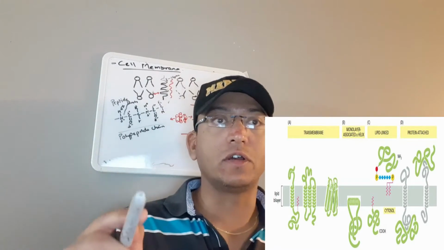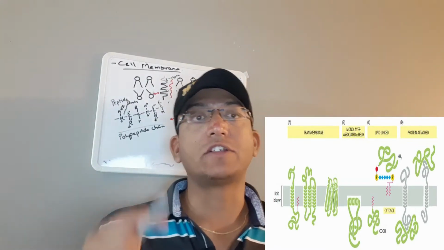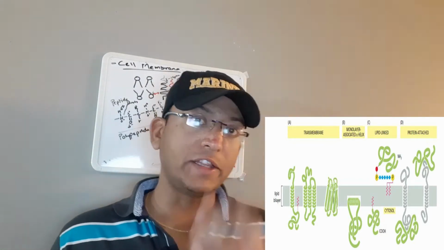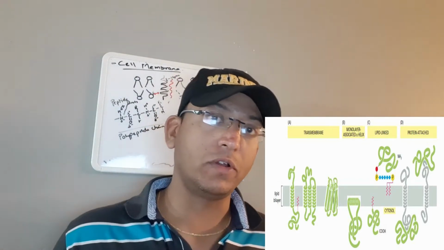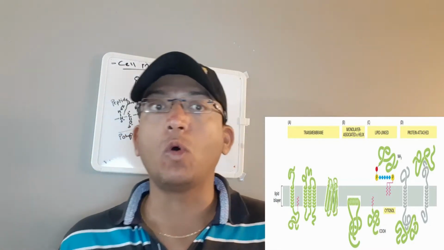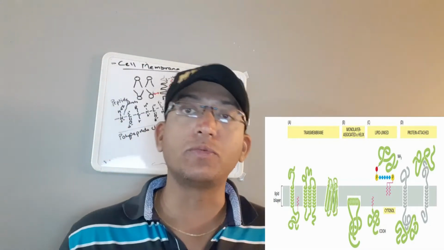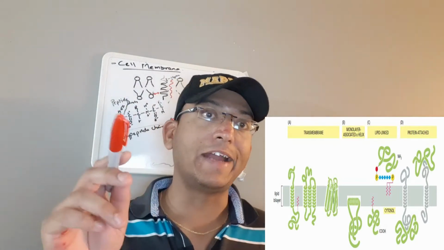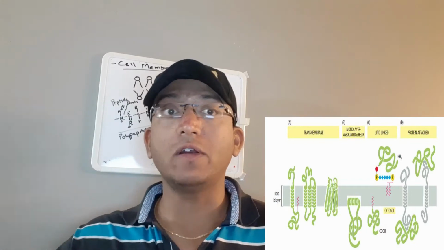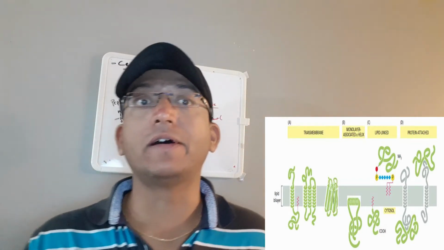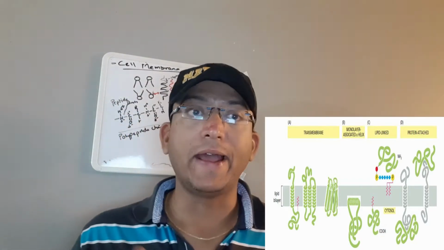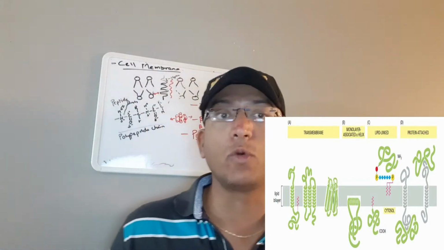So that is B. Some proteins lie entirely outside the bilayer on one side or the other, attached to the membrane only by one or more covalently attached lipid groups, that is C. And yet there are other proteins bound indirectly to one or the other face of the membrane, held in place only by their interaction with other membrane proteins, and that is D. So this is how different kinds of proteins are associated.